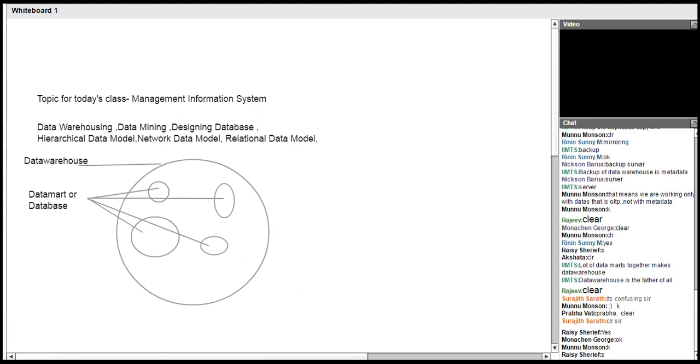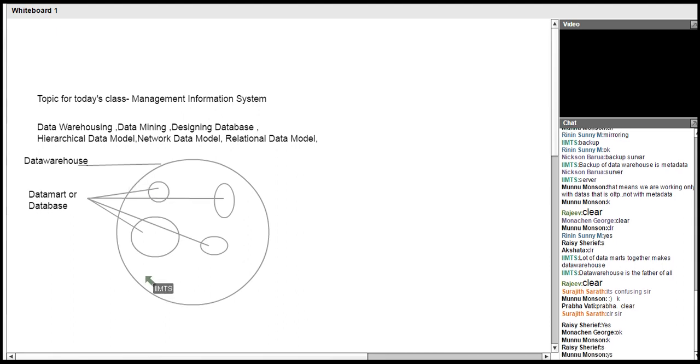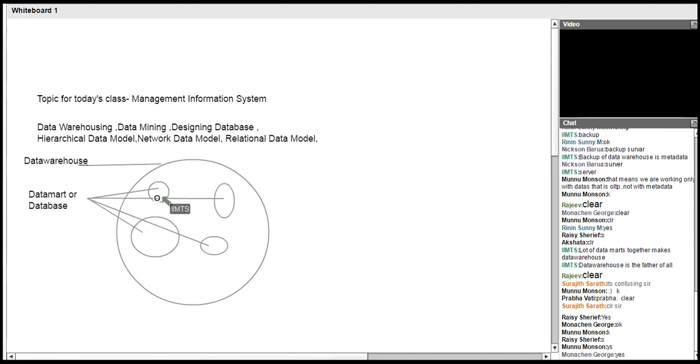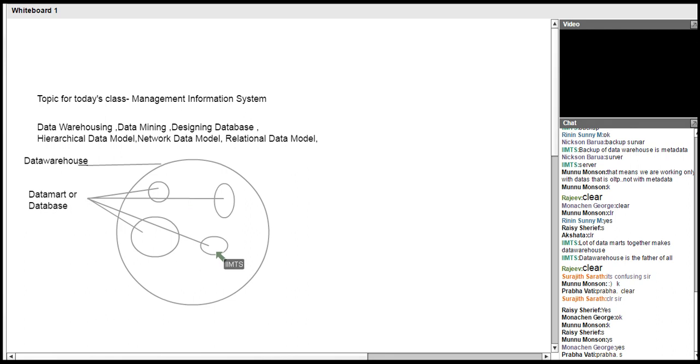This bigger box is the data warehouse, and these small boxes are data marts or databases. Okay, is it clear to all?